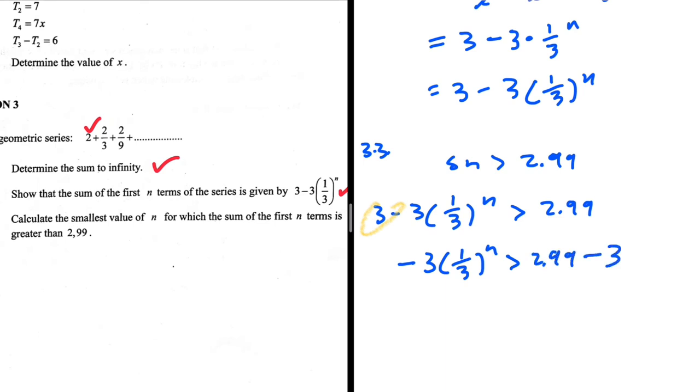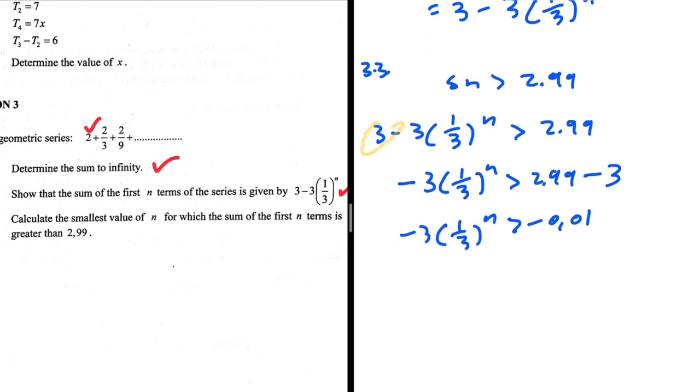So let me put that in my calculator. 2.99 minus 3, that is, well, load shedding, so I can't really see, minus 0.01. So greater than minus 0.01, so minus 3 multiplied by 1 over 3 to the power n.